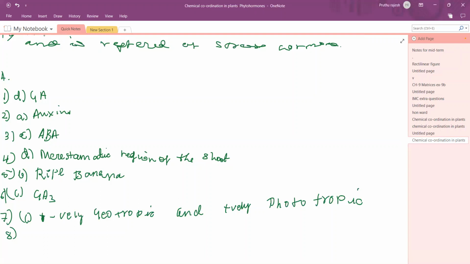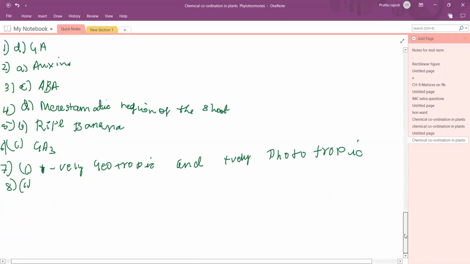As we had discussed in the last part, in tropic movement, the plant part moves either towards or away from the stimulus. Option C.